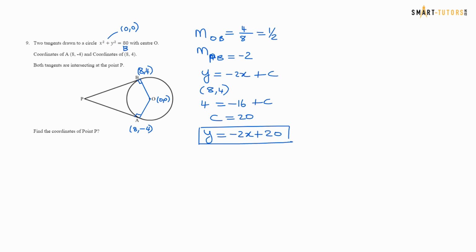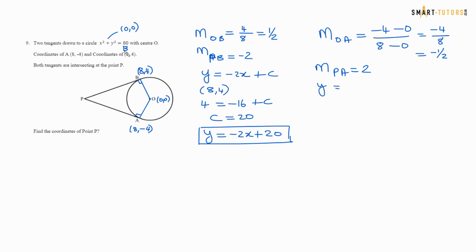We do the same method for the next one. The gradient of OA is minus 4 minus 0 over 8 minus 0, which is minus 4 over 8, so minus half. So the gradient of PA is 2, the negative reciprocal.